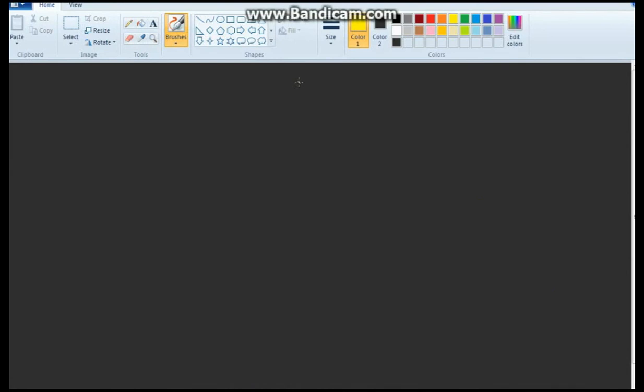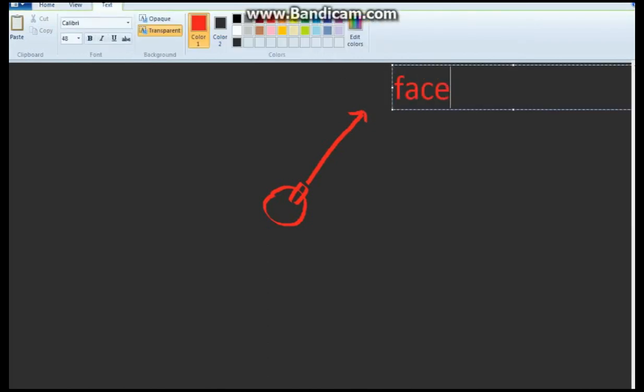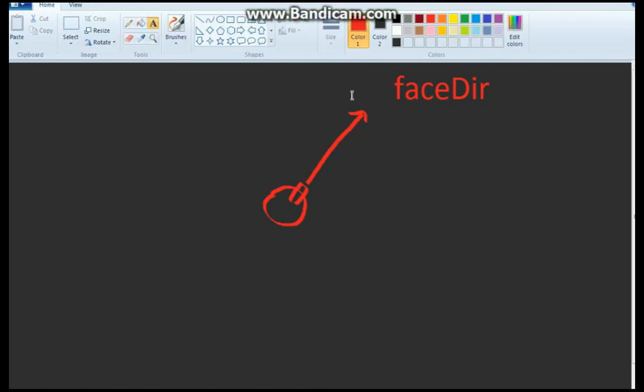Okay, so this is what we're going to do. Let's pretend this is a little rotating object, and this is where it's facing. This is going to be called the facing direction.